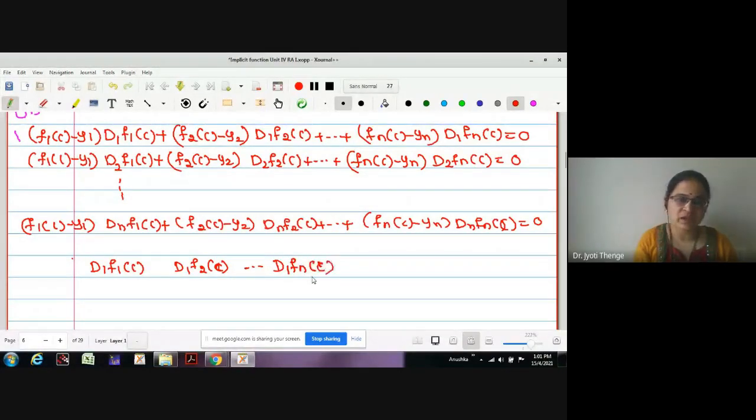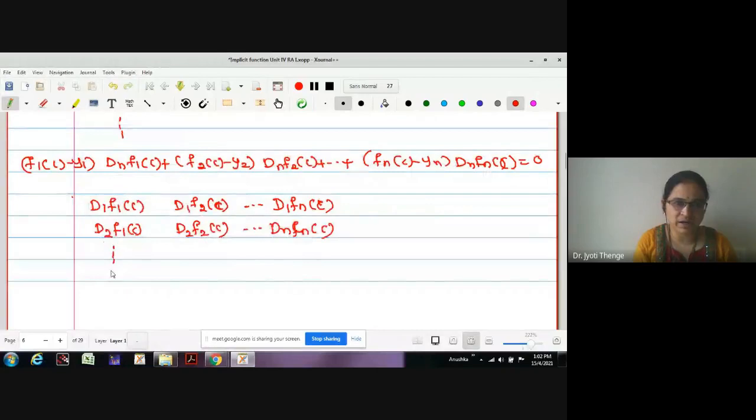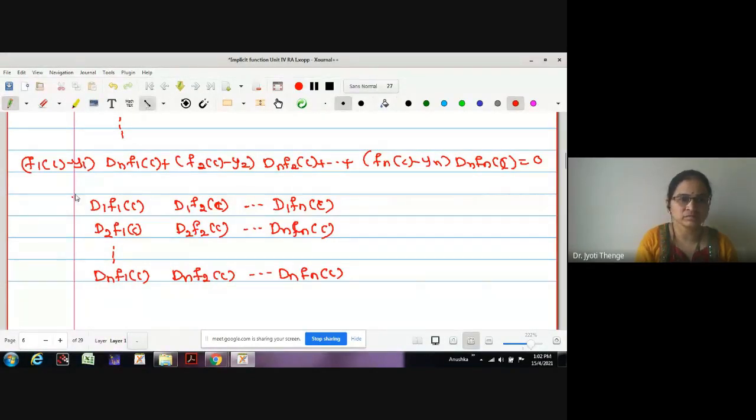Correct, no? For the second row, D2 f1(c), D2 f2(c), so on, D2 fn at the point c. Last row, let me write Dn f1(c), Dn f2(c), and Dn fn(c). Right?